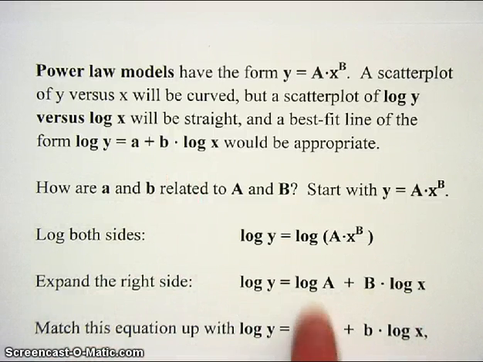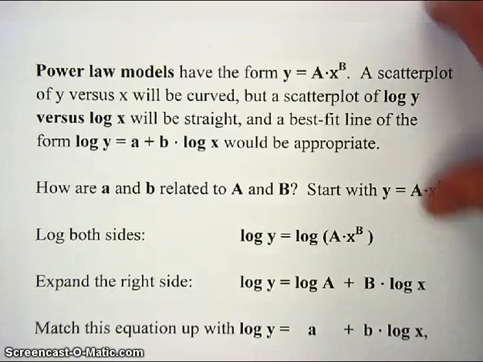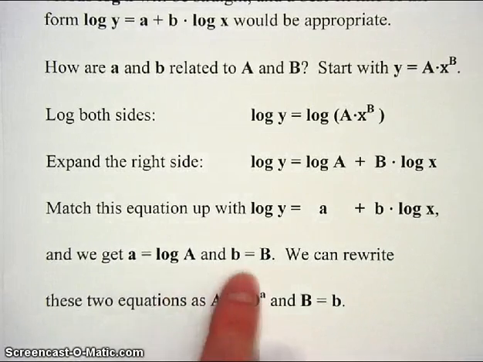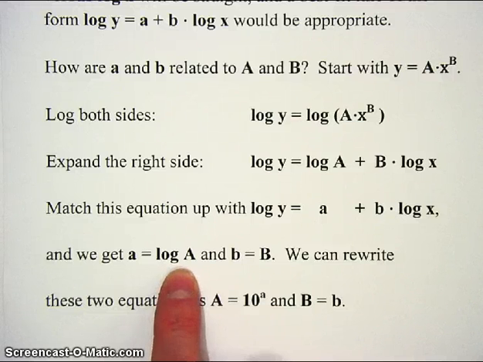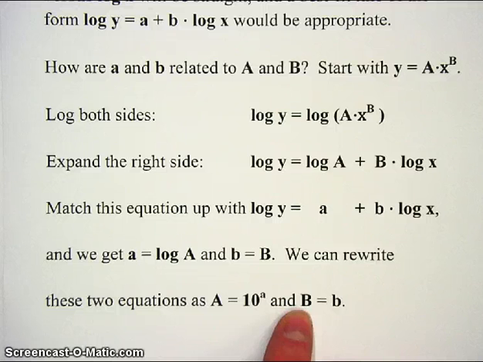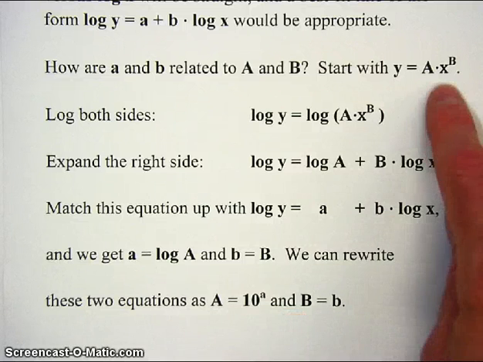You see lowercase a is equal to the log of capital A, lowercase b is equal to capital B. And then from that you can transform back by rewriting these equations. At least this one, rewrite that in exponential form. Capital A equals 10 to the lowercase a, and capital B is just equal to lowercase b. So what your calculator gives you as lowercase b when you run the regression on your calculator, that would be equal to the exponent in the power law rule right there.